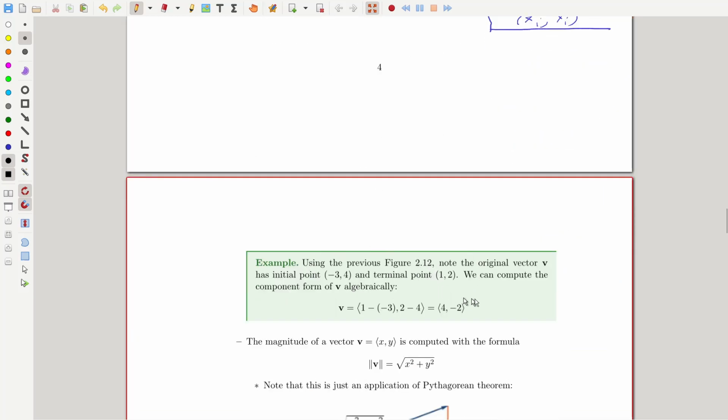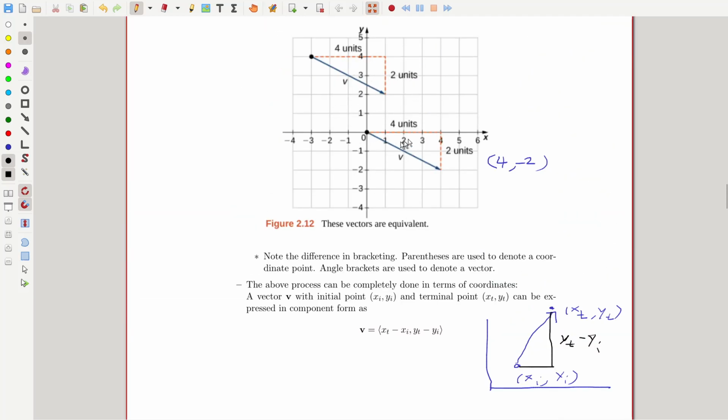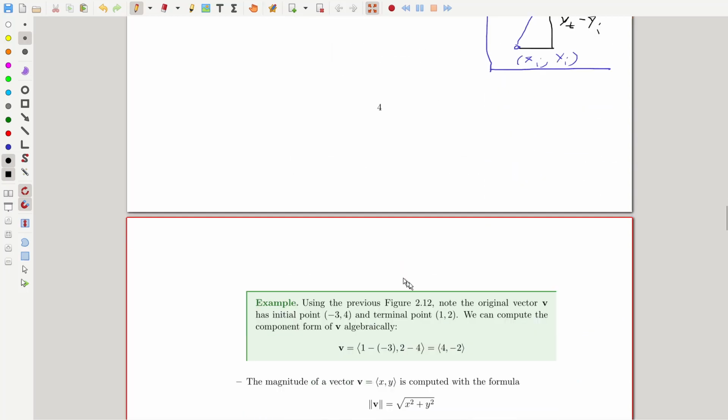Okay. And this example part here is just relating to this. So we could have done this process differently. Let's just read off the values. The terminal point here is -3, 4, and the initial is 1, 2. To write the vector in component form, you take the difference of these two things component-wise.